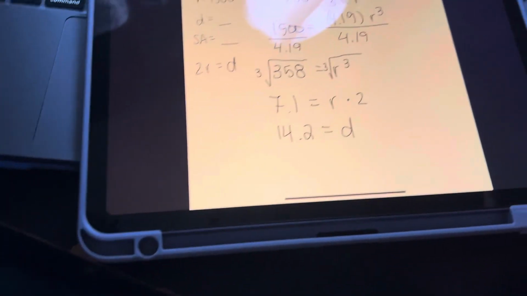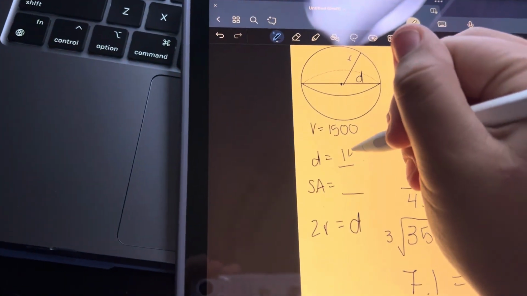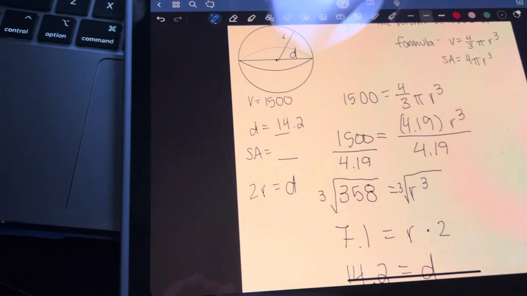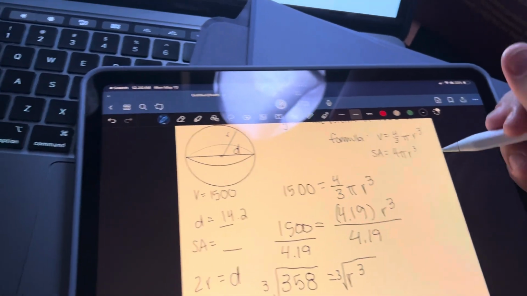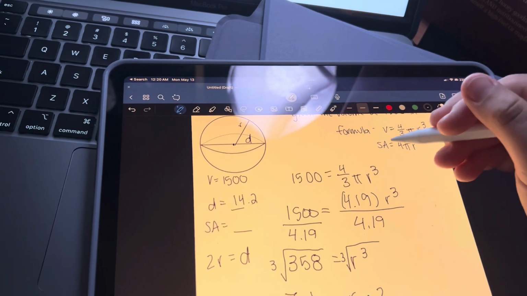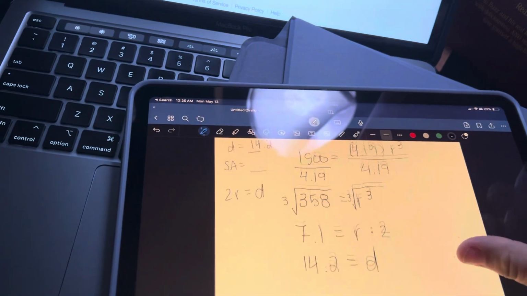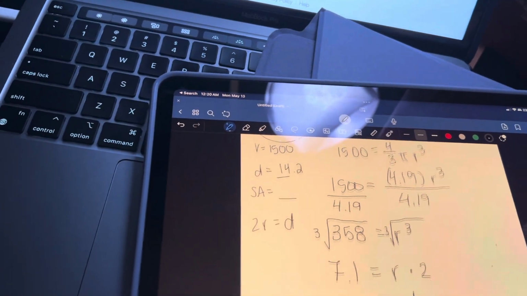Diameter. So now we know what our diameter is, which is 14.2. And now we can start doing the other equation, which is for the surface area.